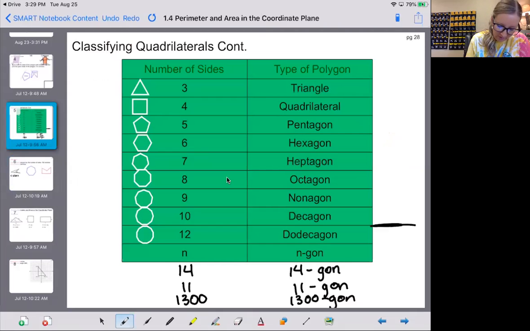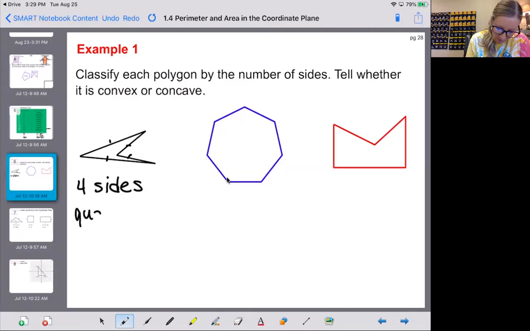So we're going to call this a quadrilateral. Now we need to decide, is this convex or concave? And I hope you're seeing that it does have like a segment that kind of goes into the shape. And so that is concave.